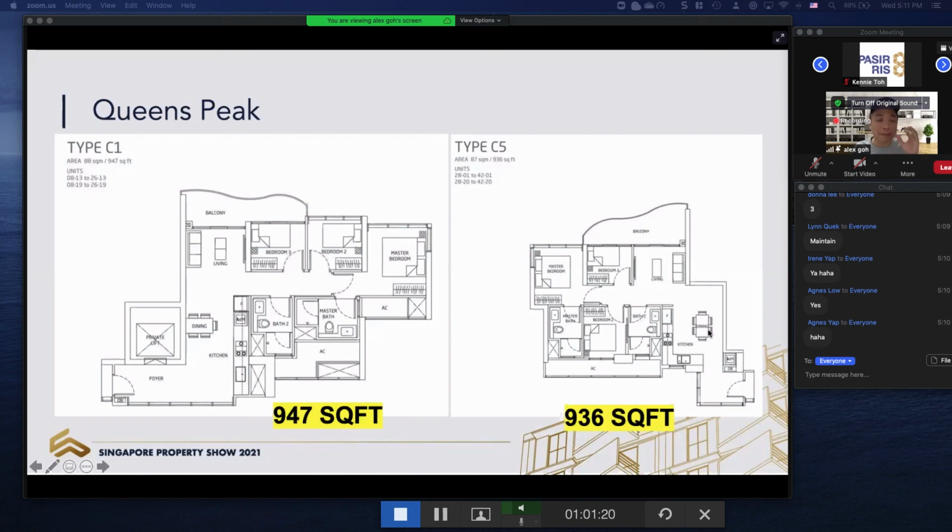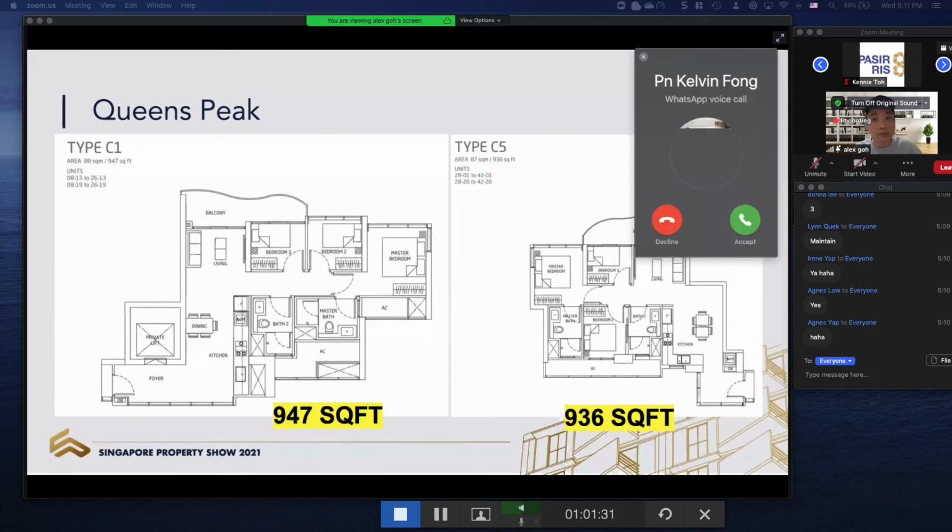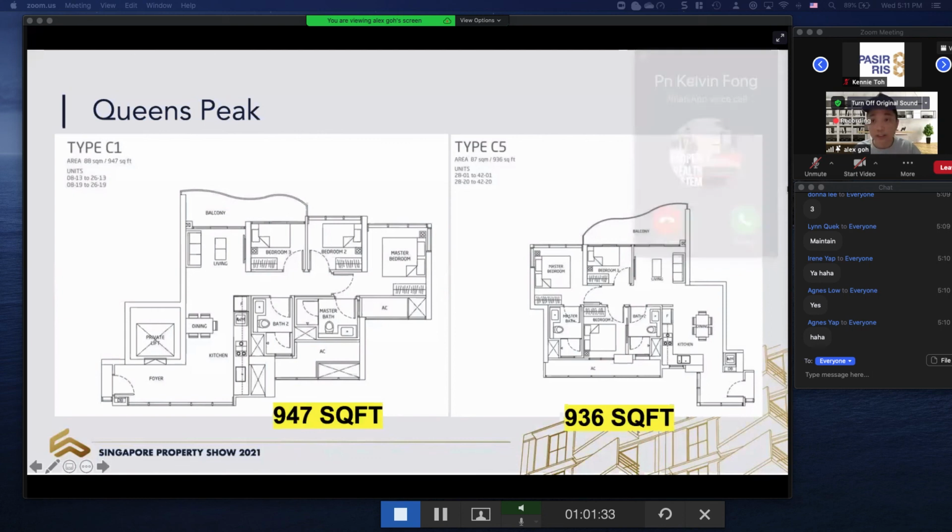So what is happening? When Queen's Peak TOPs, there will be a surge in demand because everybody sees new projects and will want to come, right? So they come, they see the 1-bedroom unit, they'll buy Queen's Peak rather than Commonwealth Tower. Correct? They will buy Queen's Peak rather than Commonwealth Tower.